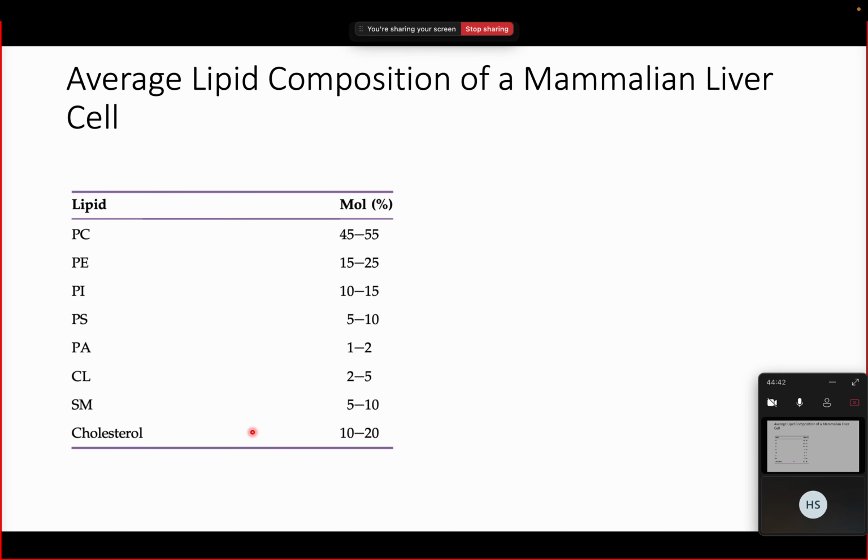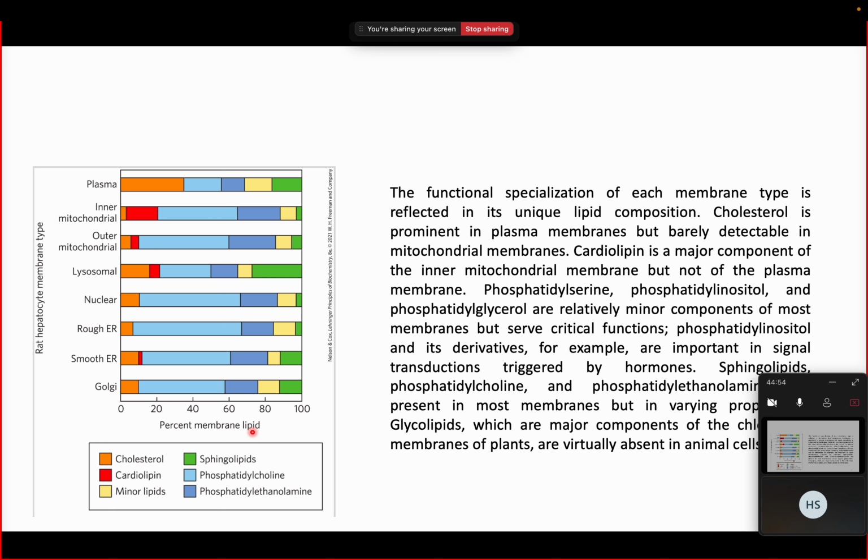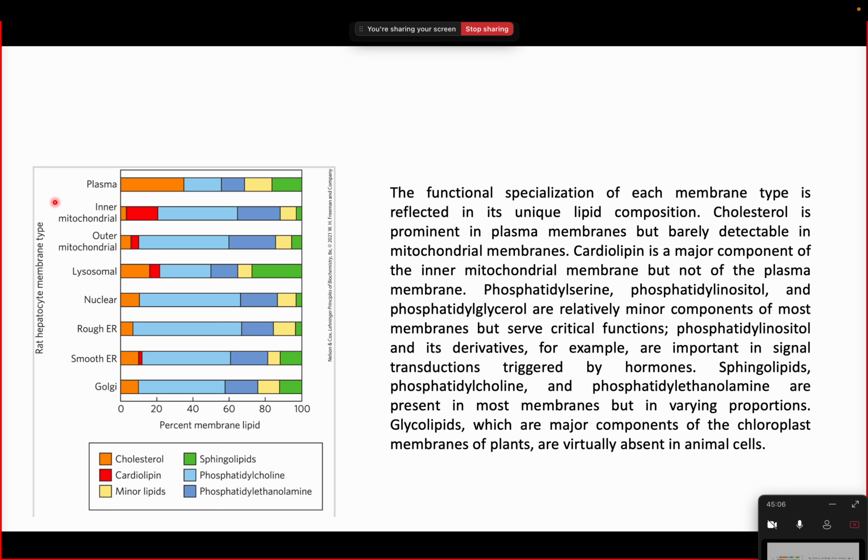You need to know that this composition will vary within an organism depending upon the organ from which we are considering the membrane, right? If you look at the broad distribution of different types of lipids in different membrane systems, we can see that the plasma membrane has more cholesterol, while there is negligible cholesterol in the inner mitochondrial membrane.